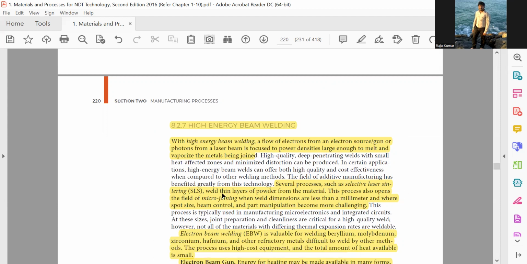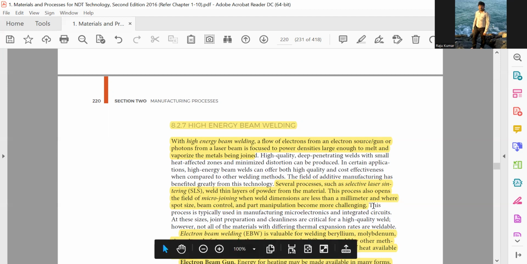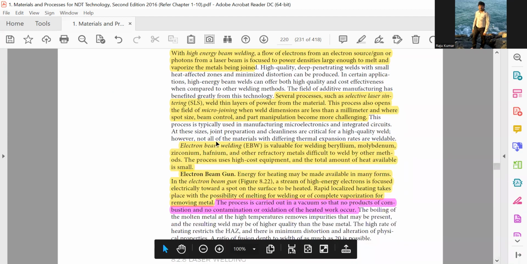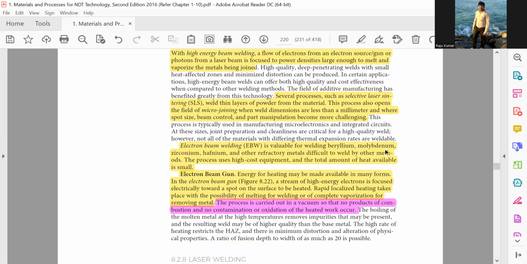The process also opens the field of micro joining, when weld dimensions are less than a millimeter, where spot size, beam control, and part manipulation become more challenging. Electron beam welding is valuable for welding beryllium, molybdenum, zirconium, hafnium, and other refractory materials difficult to weld by other methods.